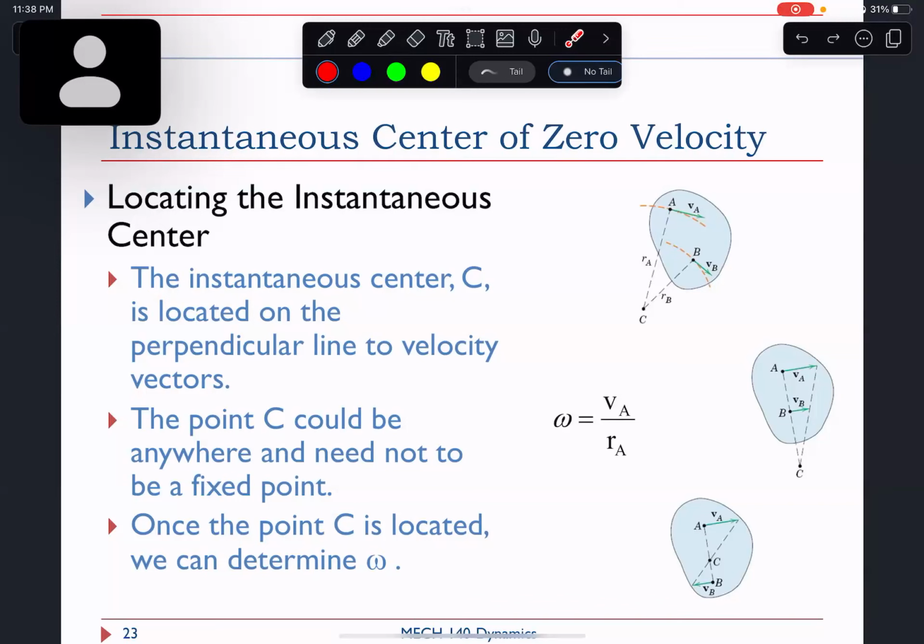If this is velocity A and this is velocity B, then the instantaneous center C is on the perpendicular lines to these velocities. So you can draw these two lines and see where they meet. And C could be anywhere, it's not necessarily on the body. Here, it's somewhere outside the body. Here, it is on the body.